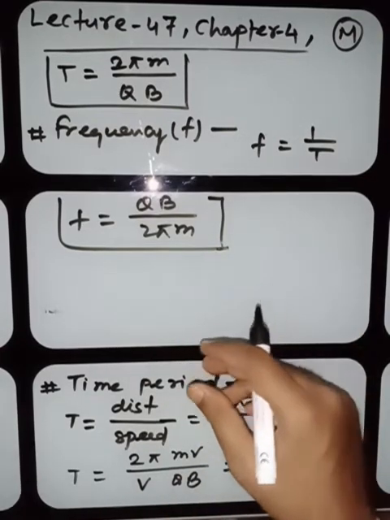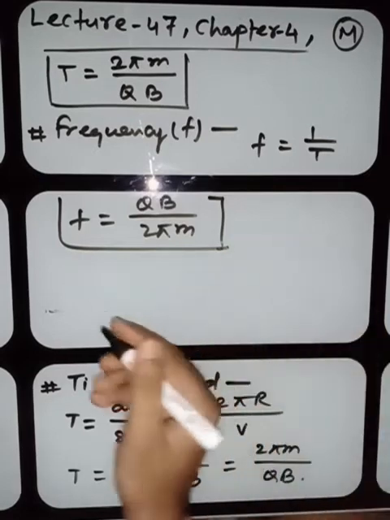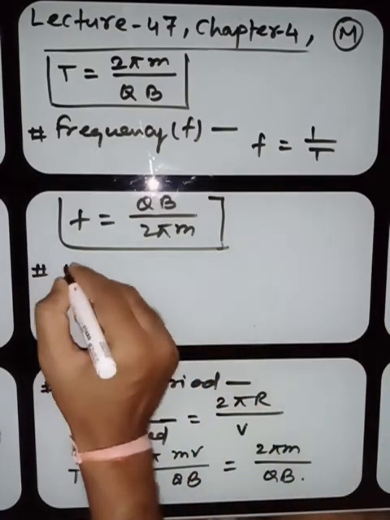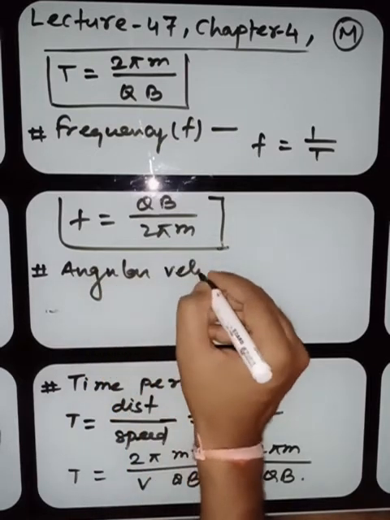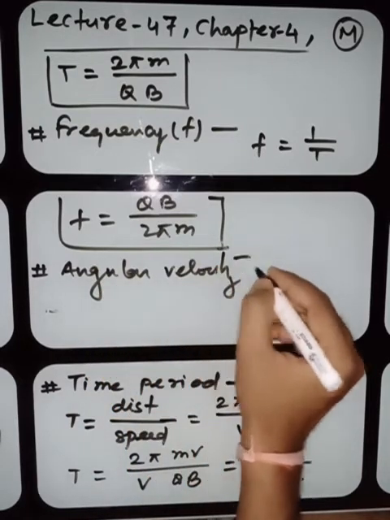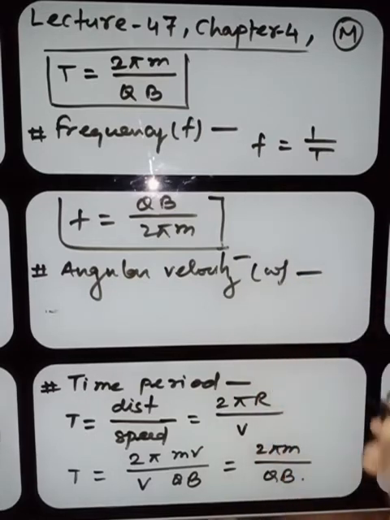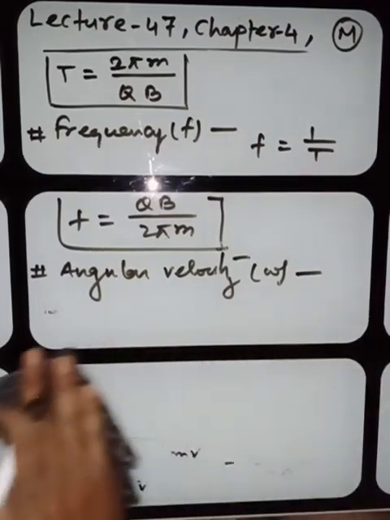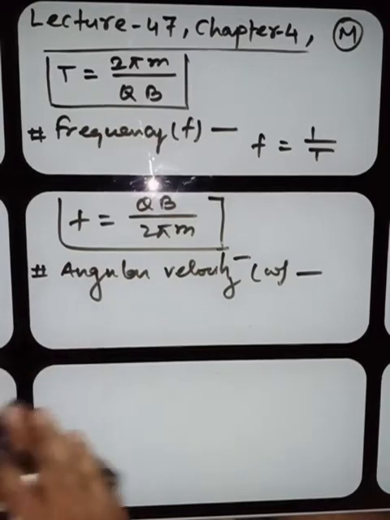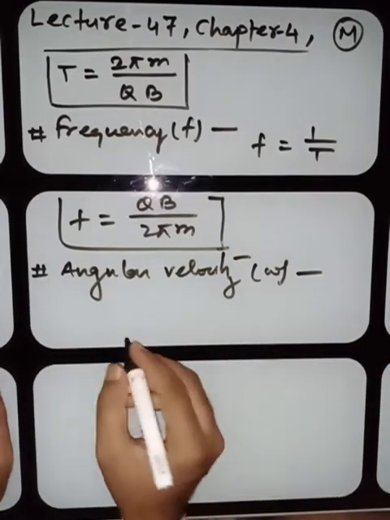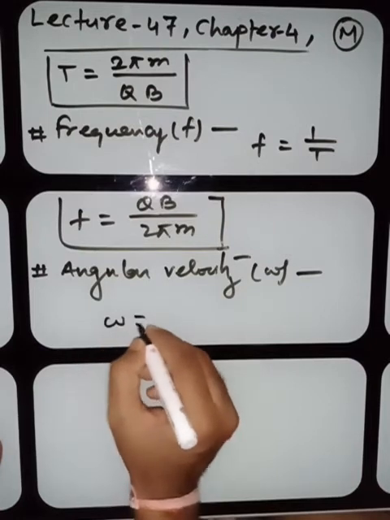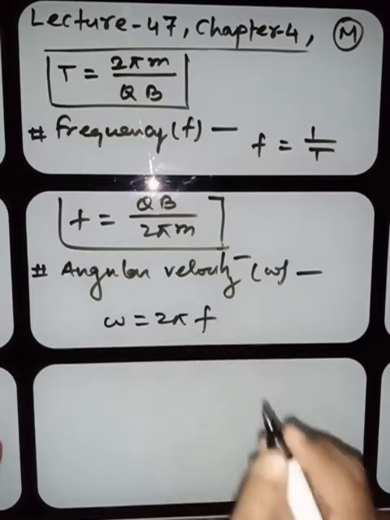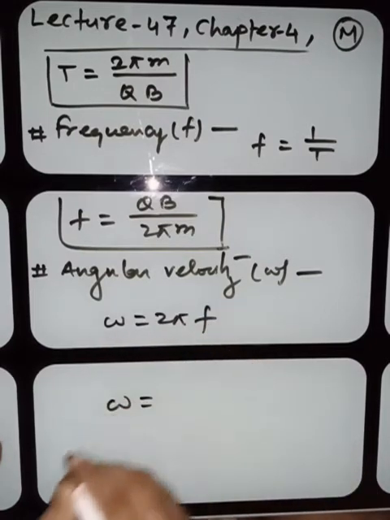Now the next quantity, angular velocity, that is omega. We have studied rotation in standard 11, and omega is nothing but 2 pi f. I hope you remember.